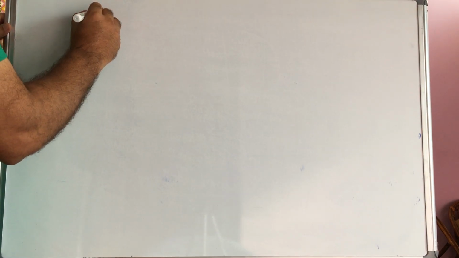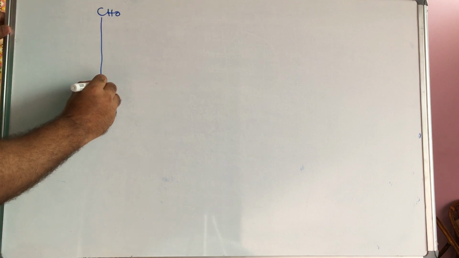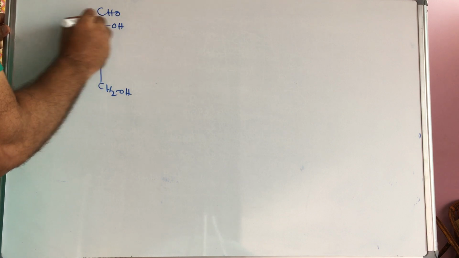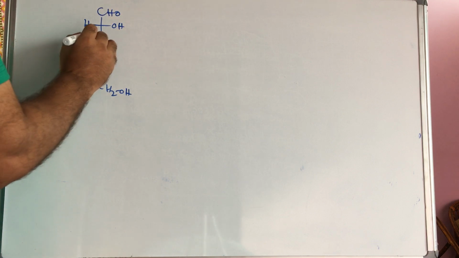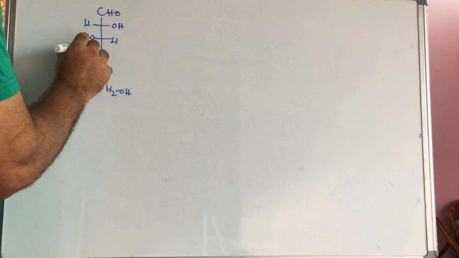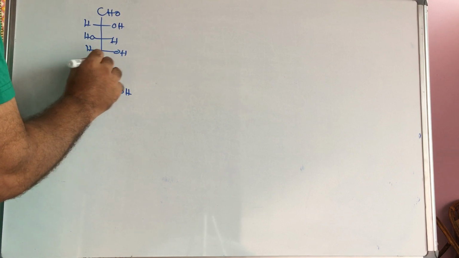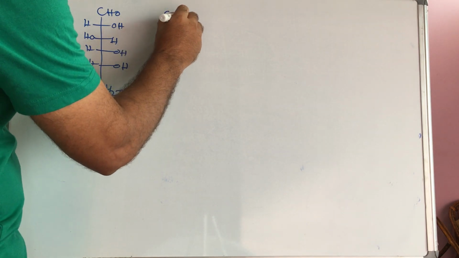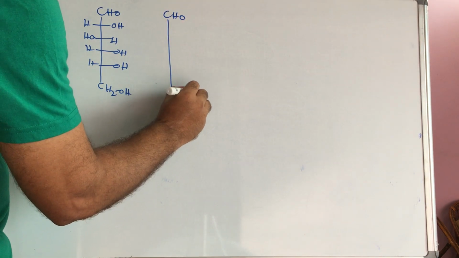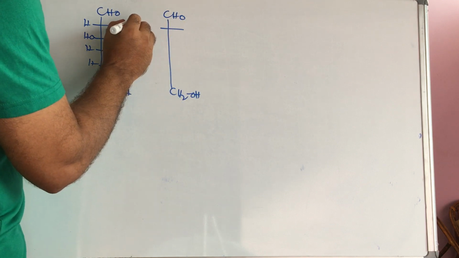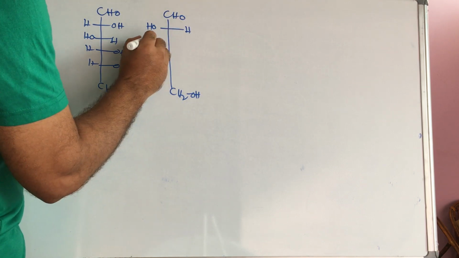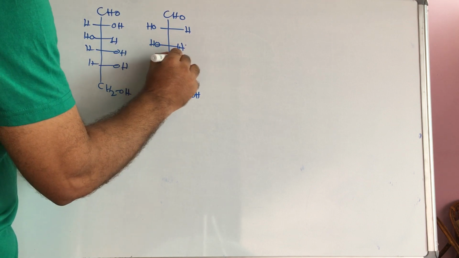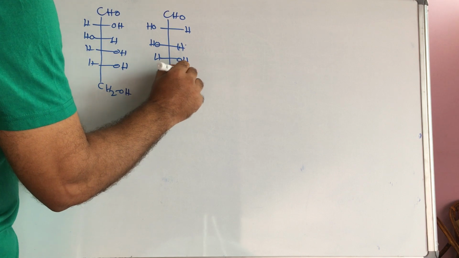For example, I am writing here the glucose structure we know, the open chain structure. This is OH, OH, and next OH, H, H, OH, and H, OH. This is glucose. If you observe mannose, CHO, CH2OH, and this is OH, H, the remaining part is the same: OH, H, OH.